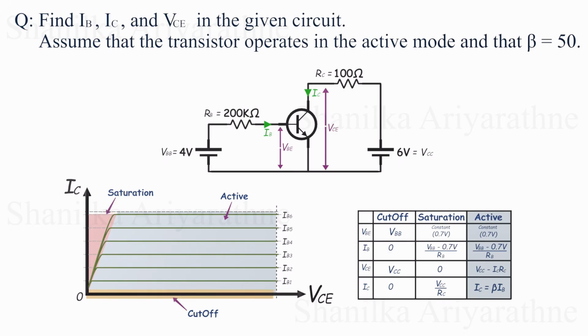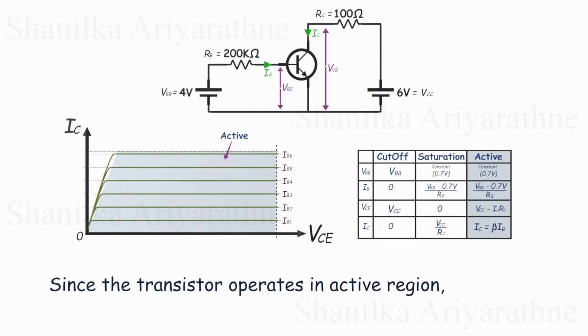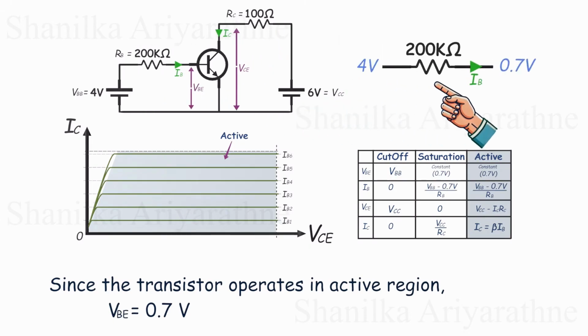In our problem, we're told the transistor is operating in active mode, so, like we mentioned earlier, we can confidently say that VBE equals 0.7 volts. Now let's find the base current, IB. Take a look at the base side of the circuit. We're dealing with a resistor RB, which has a value of 200 kilo ohms. It's connected between the voltage source VBB, which is 4 volts, and the base terminal. The base sits at 0.7 volts because of the VBE drop.